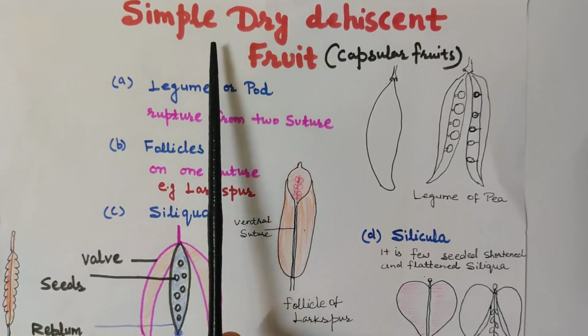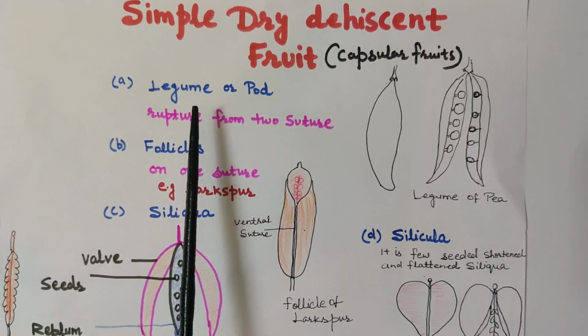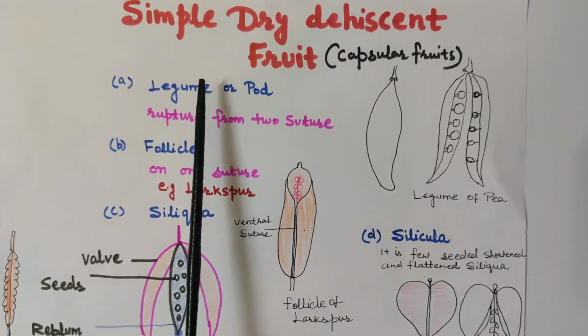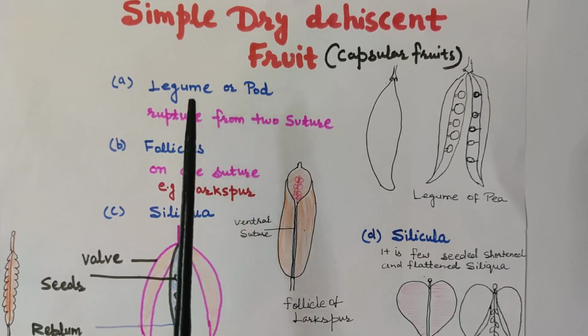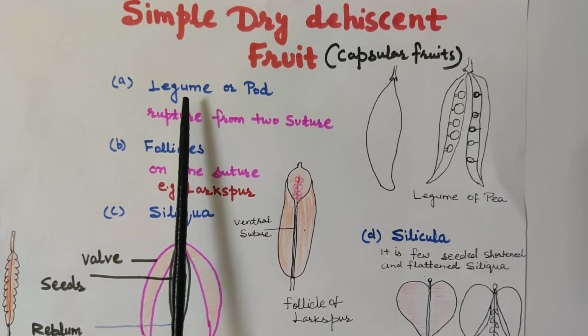First type under this is legume or pod. They are many-seeded, simple, dehiscent fruits. This fruit is formed from a superior unilocular ovary, that is, a monocarpellary pistil.